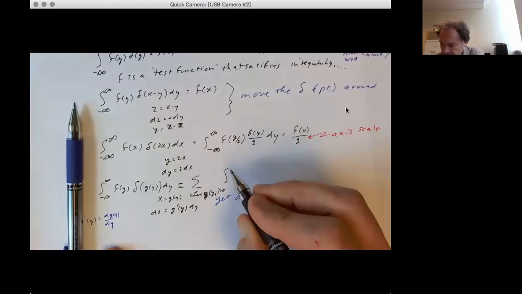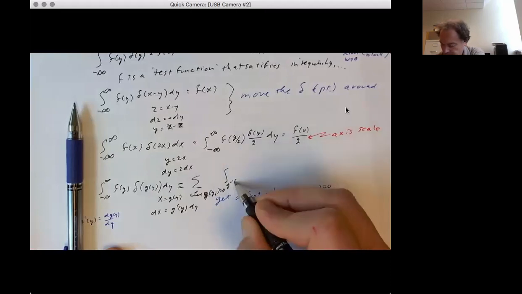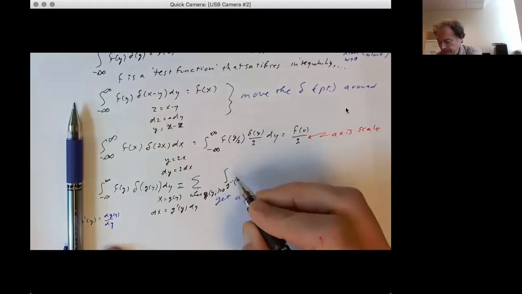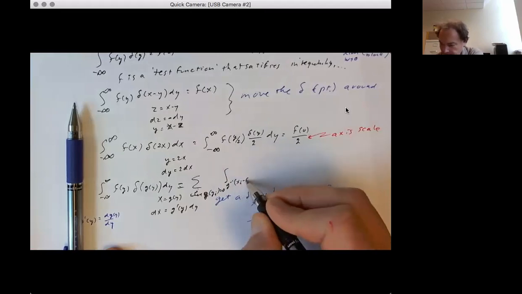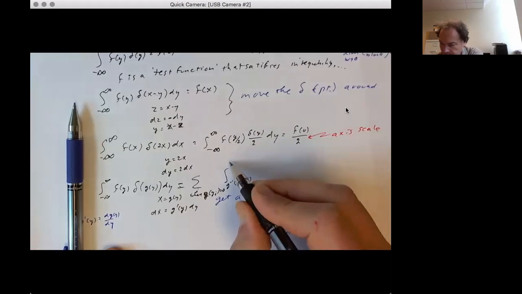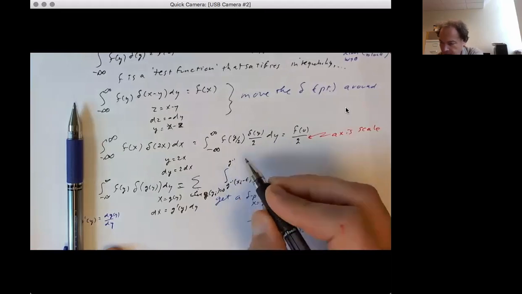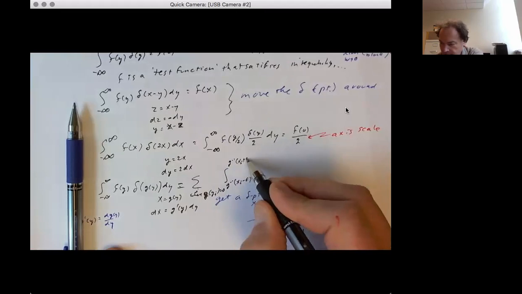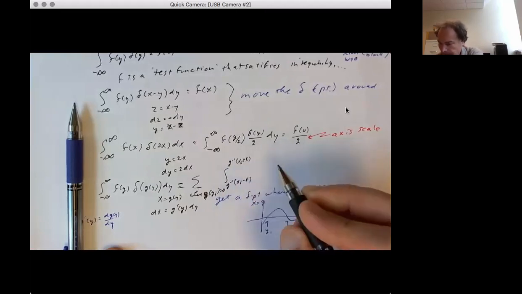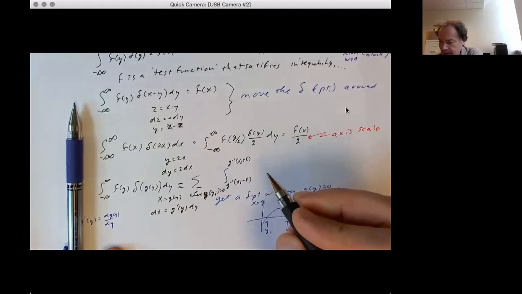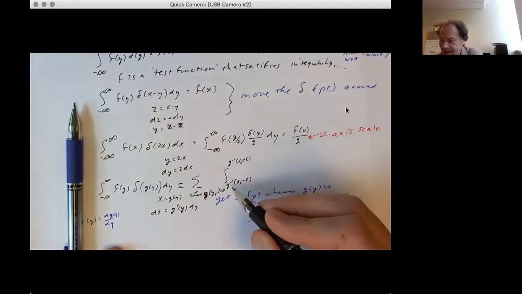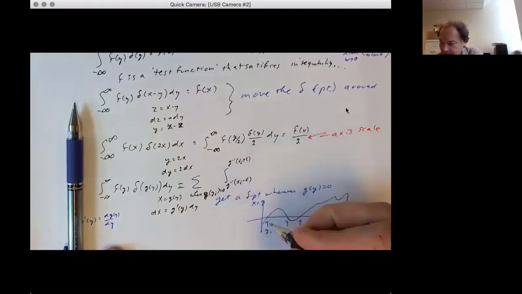So it's g inverse of x_i minus epsilon to g inverse of x_i plus epsilon. That's the y's, right? So we're going to take epsilon to either side of the 0, integrate across that.